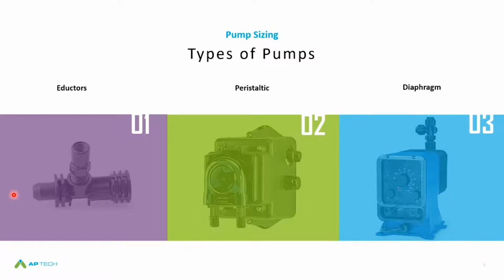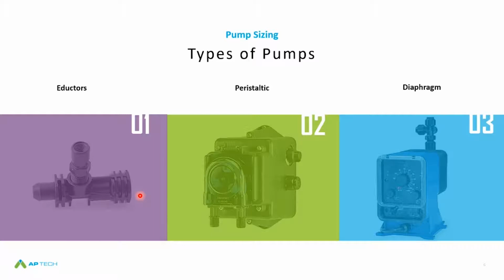Eductors work well because there aren't really any moving parts. The only moving part would be a valve on the water inlet side, because once that valve opens up, then the venturi effect starts happening and product is pulled in. Eductors will very quickly inject chemistry into the system, at the rate of a gallon a minute sometimes. So it's very fast.